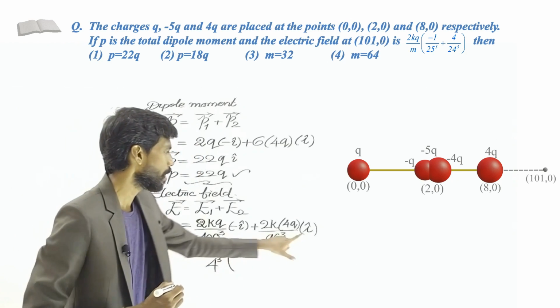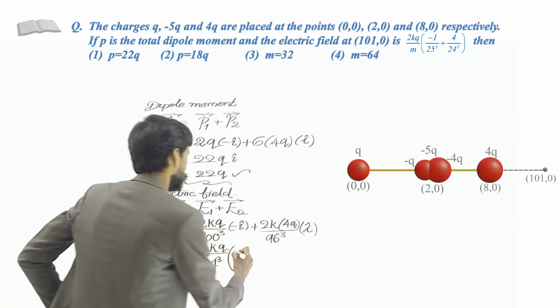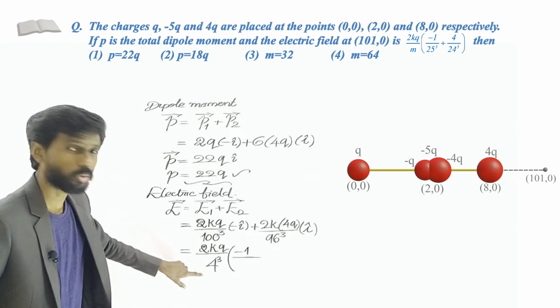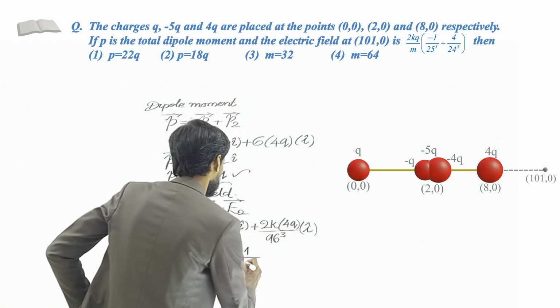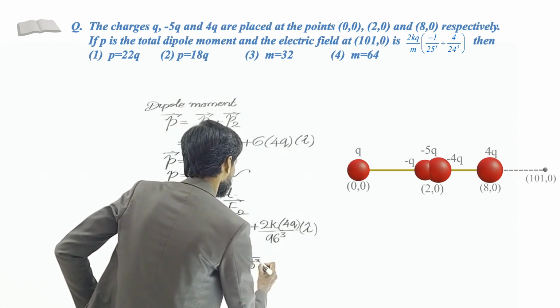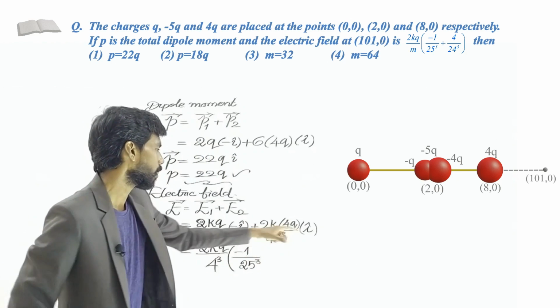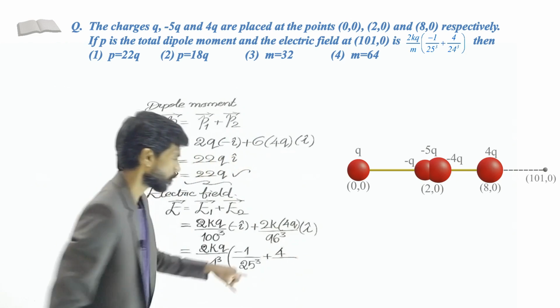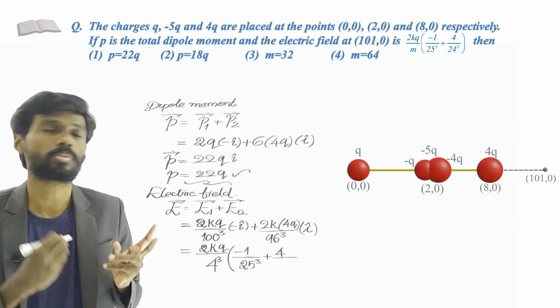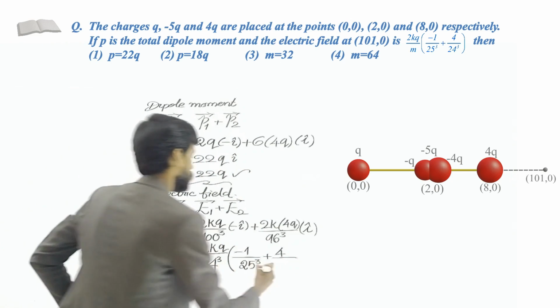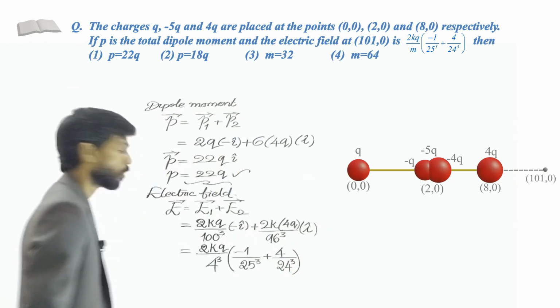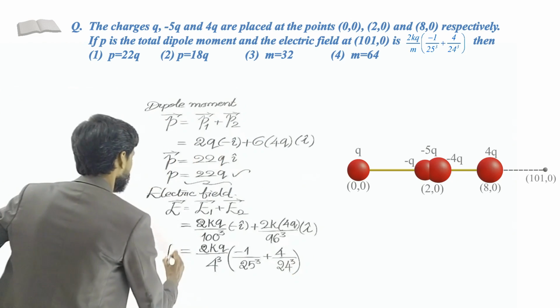So that is minus 1 divided by 100 cube, where 4 cube is taken common, so it will be 25 cube. And here, 2kp is taken out already, so it is plus 4 divided by 96, we have taken out 4, so it is 24 cube. So that is our required electric field magnitude.